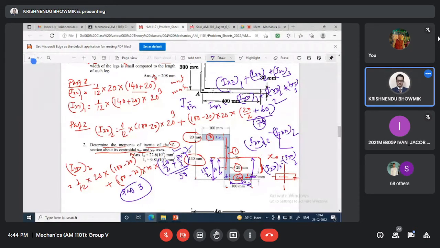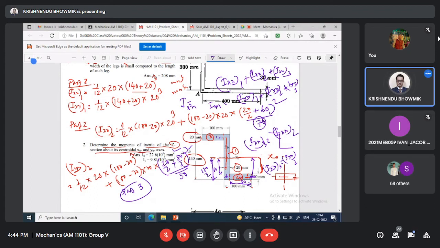Ixx for 2 will be elemental Ixx for 2 plus area multiplied by distance square. Very carefully you have to take the cross sections, area, distance, and whatever base and height you calculate, and calculate this Ixx and Iyy value.